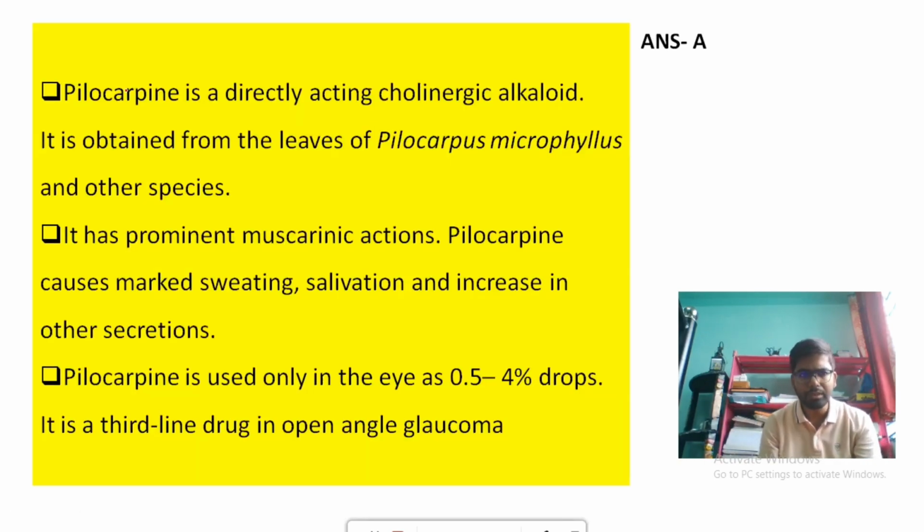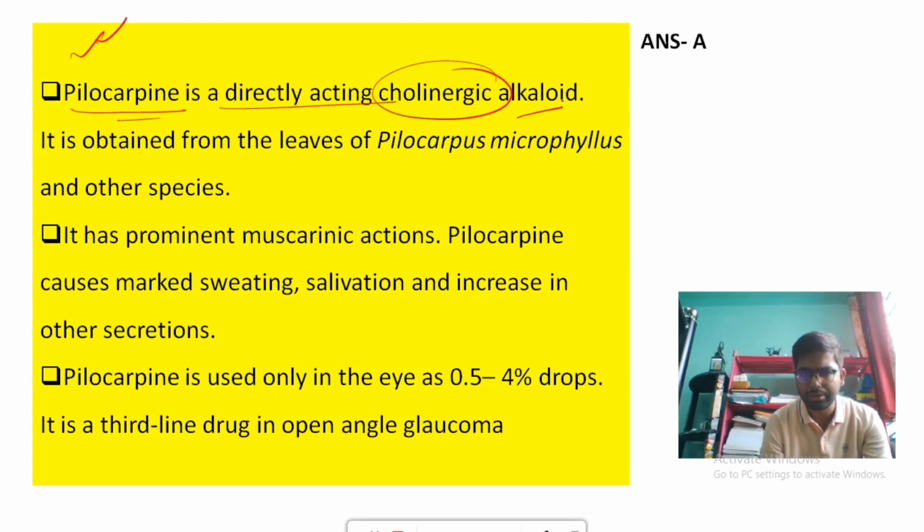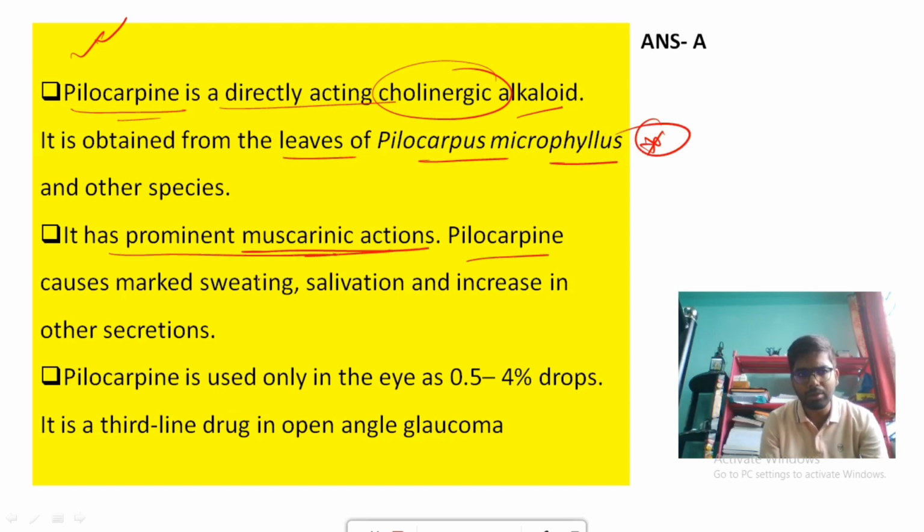Coming to some detailed points on pilocarpine. Pilocarpine is a directly acting cholinergic alkaloid. It's obtained from the leaves of Pilocarpus microphyllus. It has prominent muscarinic action and causes marked sweating, salivation, and increased other secretions.